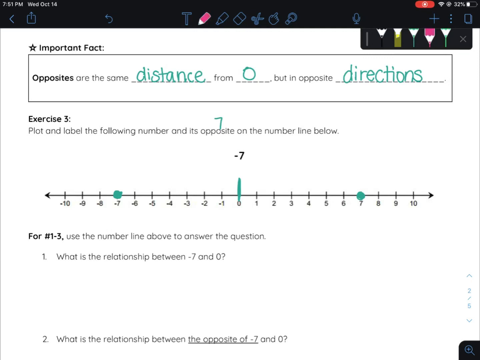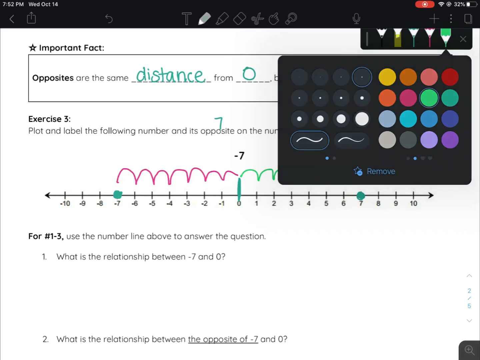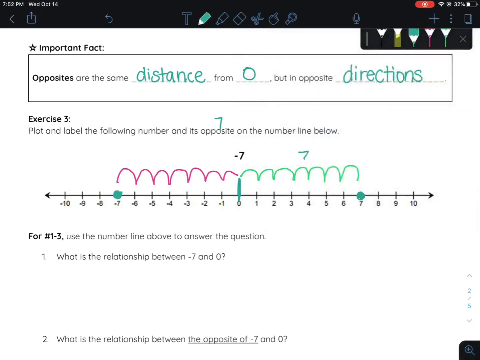So now, how far would you say -7 is from 0? 1, 2, 3, 4, 5, 6, 7. Other direction, how far is 7 from 0? 1, 2, 3, 4, 5, 6, 7. So they are both a total distance of 7 away from 0.